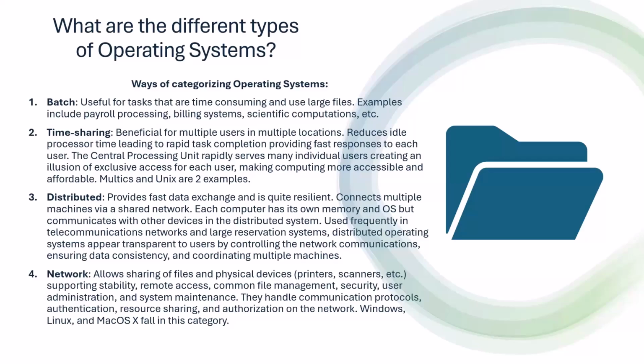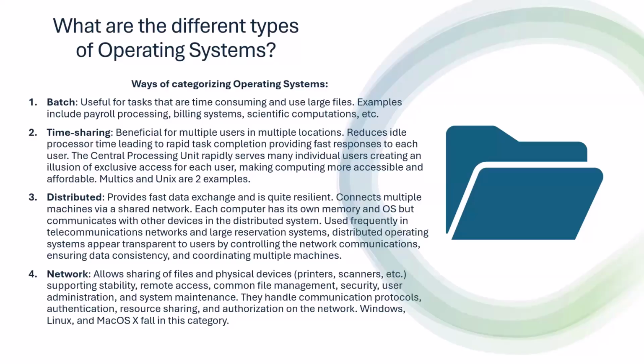Distributed, it provides fast data exchange and is resilient. The distributed connects to multiple machines via a shared network. I think we could look at the Tor network as something that might fit in that category. Each computer has its own memory and operating system, but communicates with everything else in the distributed system.